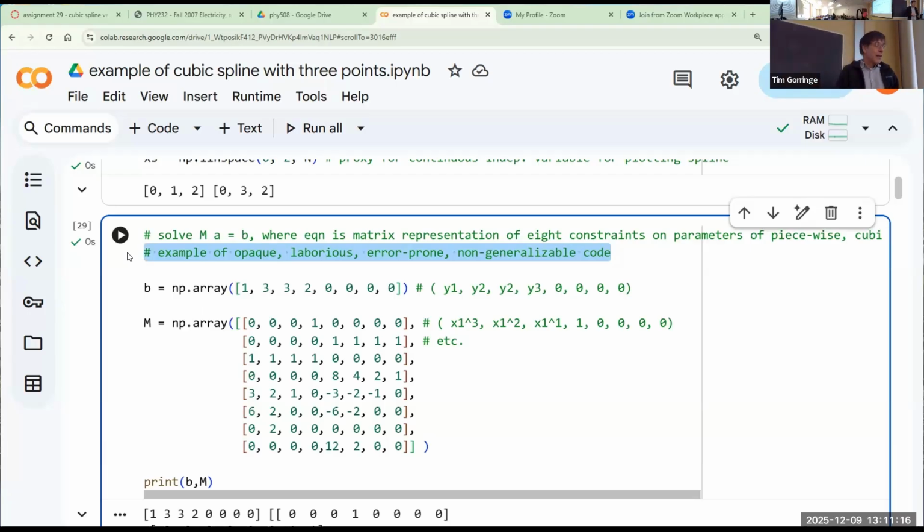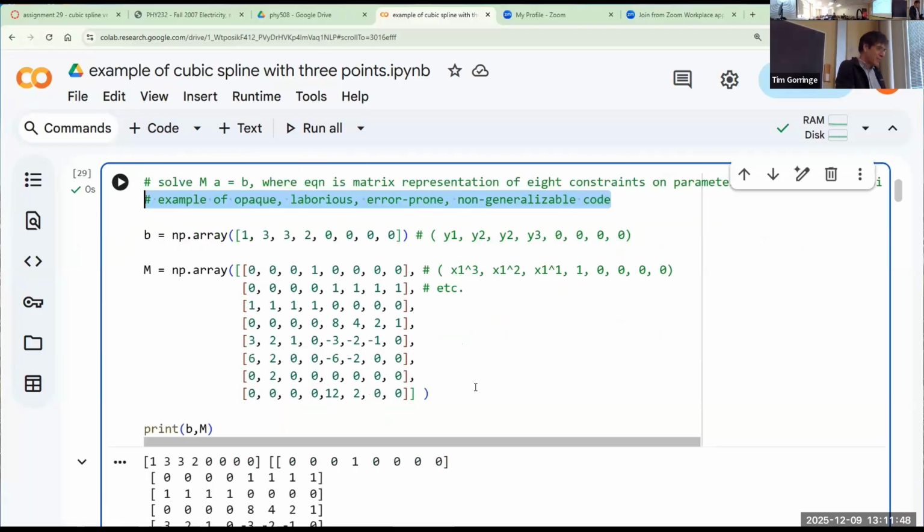So that's completely opaque in this way of forming the matrix. If you do this, it's very error prone, right? You make one mistake in typing in the numbers and you get an error. Also, if I change the 3 data points, you've got to change the whole matrix again. So in all those ways, opaqueness, laborious, error prone, non-generalizable, this is a bad way of doing this.